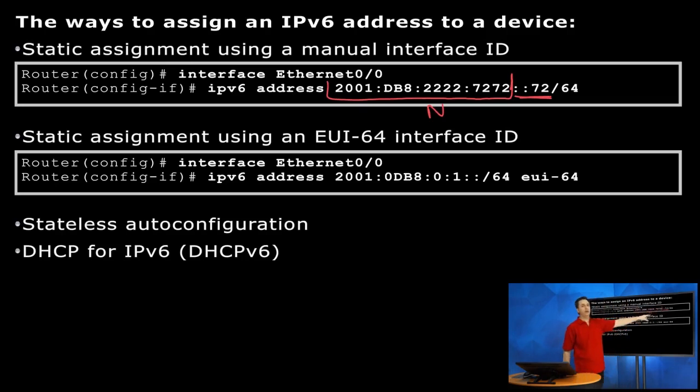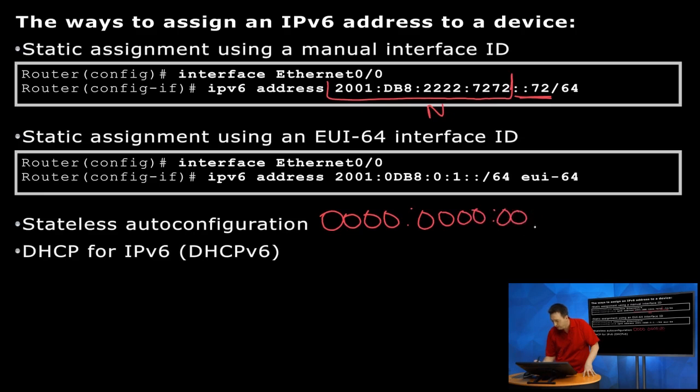So that interface portion, if you're struggling with what double colon 72 means, this is all it means. If I break it out, make it bigger, we have 0000:0000:0000:0072. That's what that means.